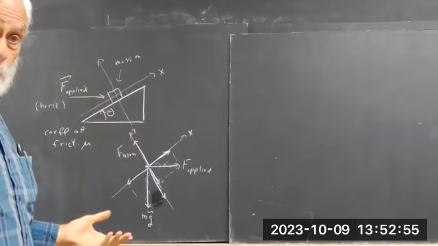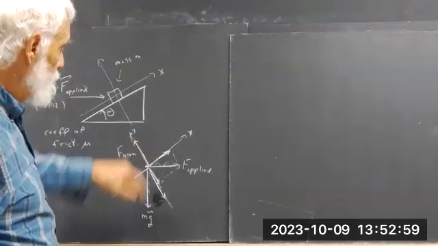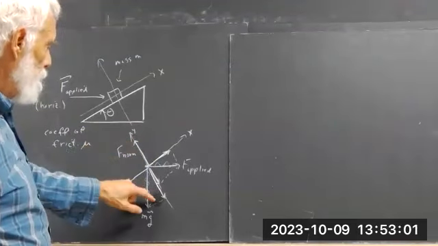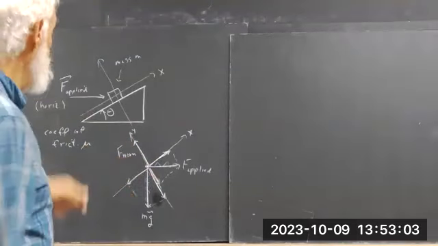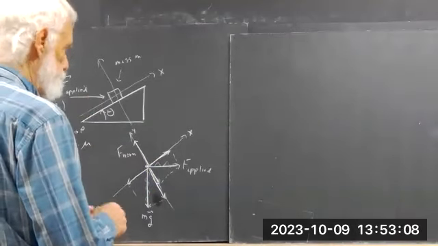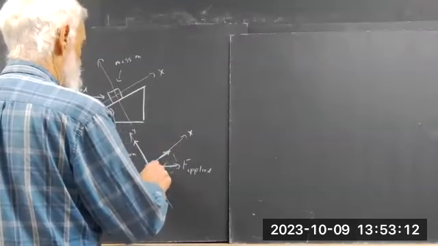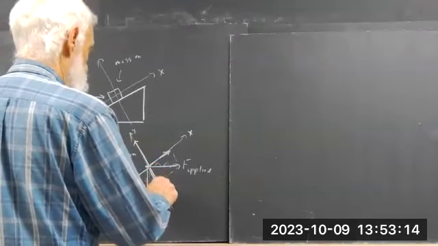If it's in an equilibrium situation, then this plus this has to equal 0, and this has to equal this plus this. Oh yeah, we do have a frictional force too. Sorry. Let me do this, and make these things blue.